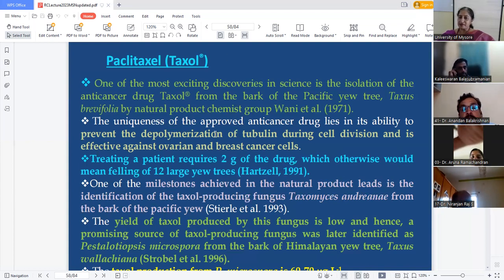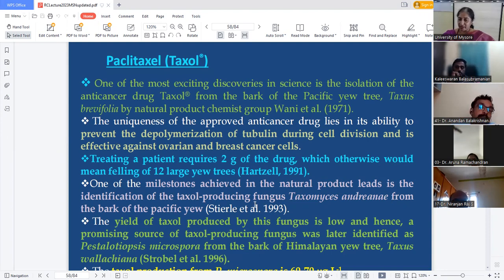And this unique drug, which is of anti-cancer importance, prevents the depolymerization of tubulin during cell division, and therefore it is very effective against breast cancer cell lines, ovarian cancer cell lines, lung cancer sometimes, etc.